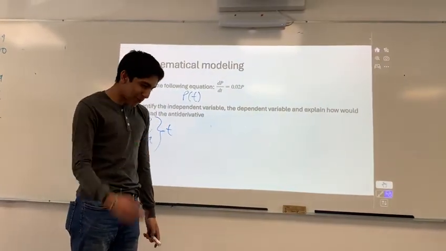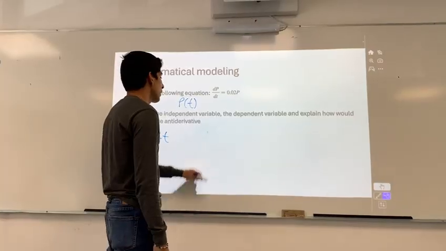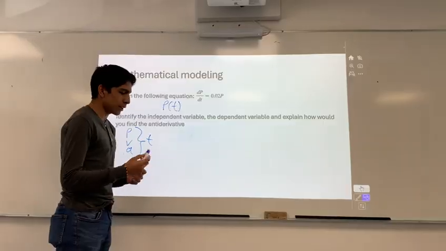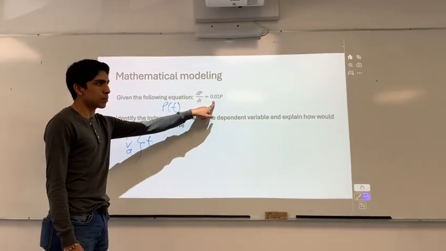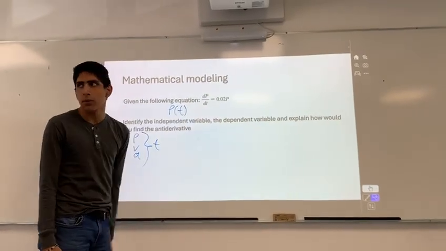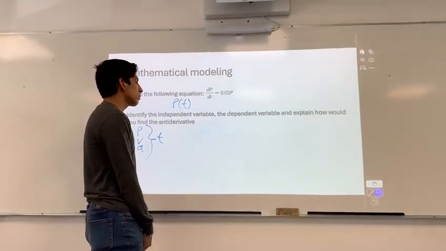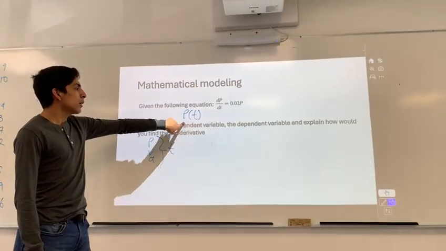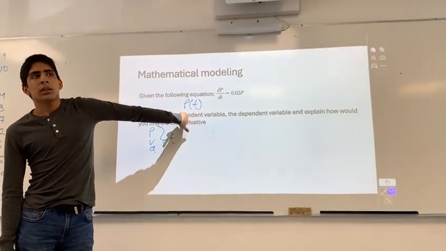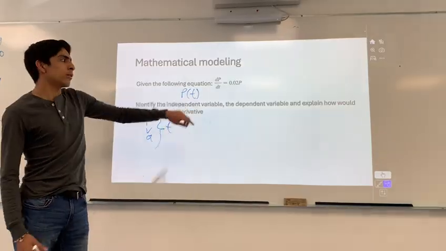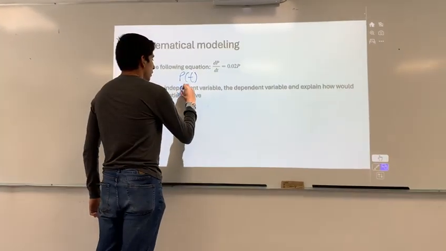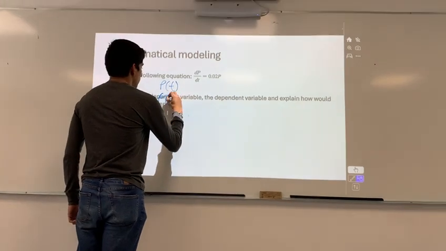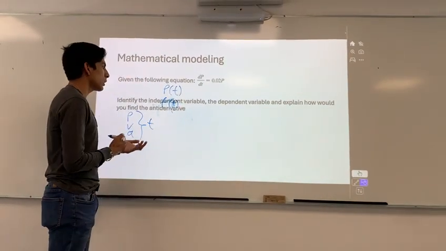I would think about it, but I don't remember. So if I have p, I can take it as f, and you can write this as f of x, in this case of t.